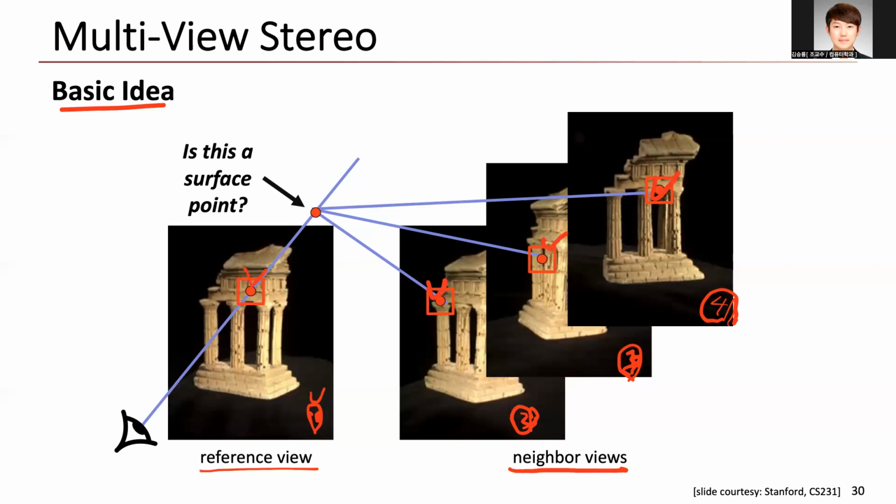By finding these corresponding pixels across the nearby views, from the reference view to each nearby view, we can find the depth information for this target pixel in the reference view.